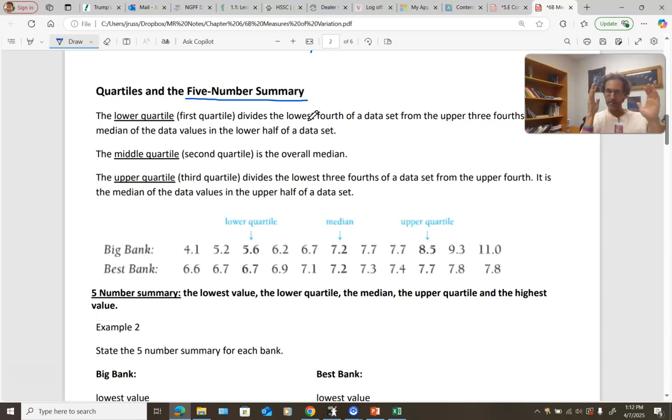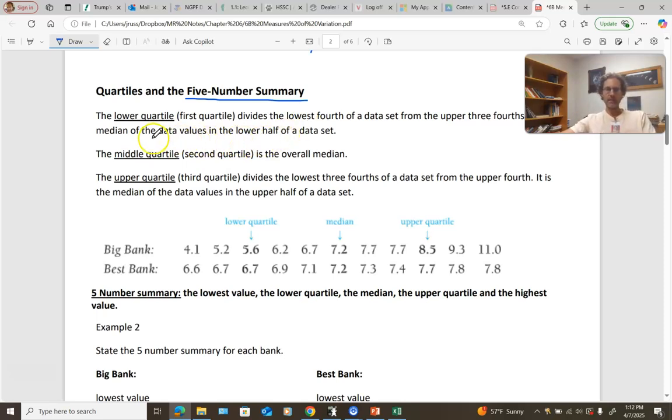Well, if you could take that middle lower piece of the data set and find the median of it, that would be the first quartile, okay? In other words, it's the data value such that you have 25% of the data below and the other 75% above, okay?